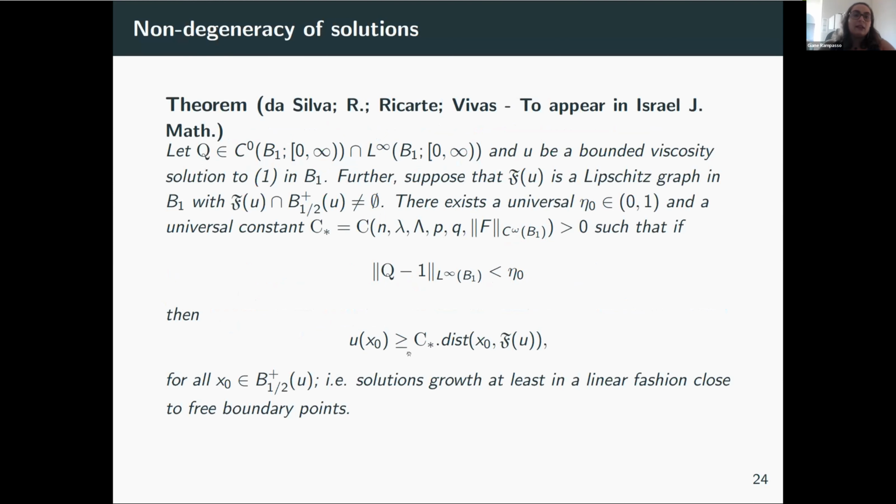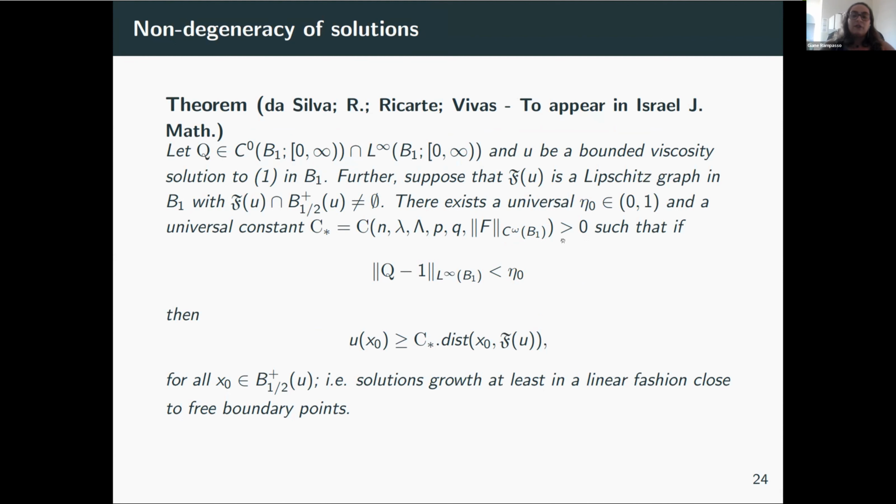Then we have the non-degeneracy of solutions. Here we suppose that the free boundary is a Lipschitz graph in B1, and the free boundary intersection with B_{1/2}^+ is non-empty.